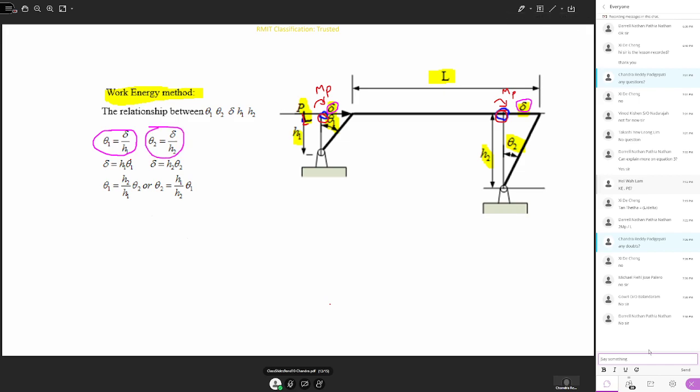So delta is h1 theta 1, and delta is h2 theta 2. So you can relate h1 theta 1 is equal to h2 theta 2. This is the geometric relationship between theta 1 and theta 2, or you can also write theta 2 is equal to h1 over h2 into theta 1.